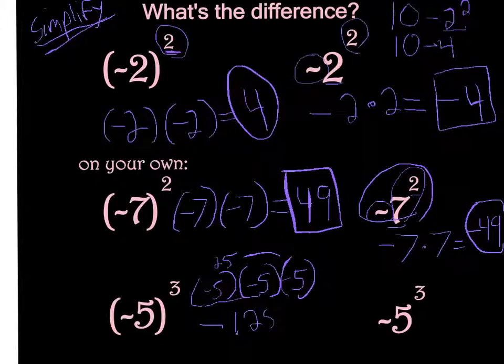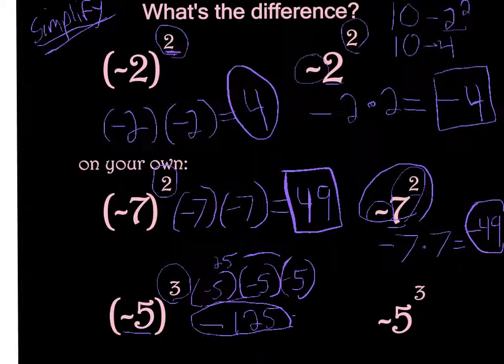So what do we notice here? We notice that just because it's in parentheses, it won't always be positive. And the trick, you'll see it eventually. If you have a negative base in parentheses and the exponent's odd, the answer is negative. If the exponent is even, the answer will be positive.